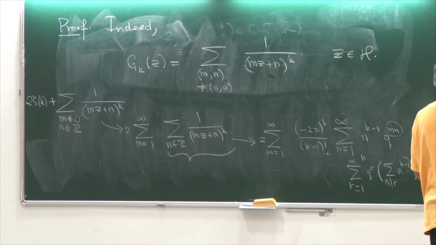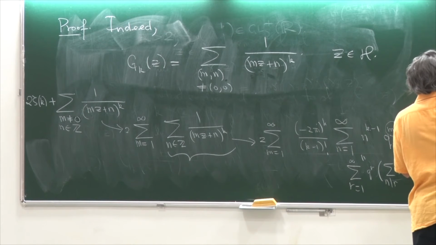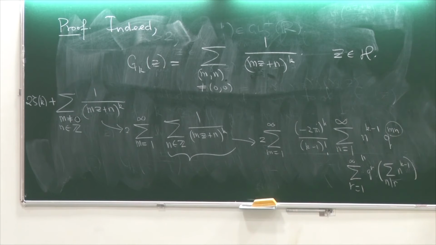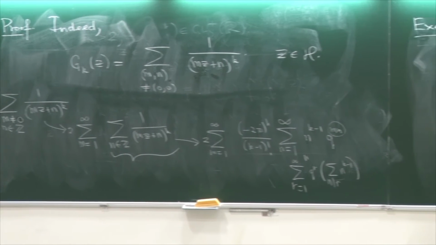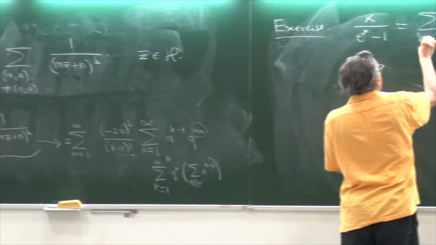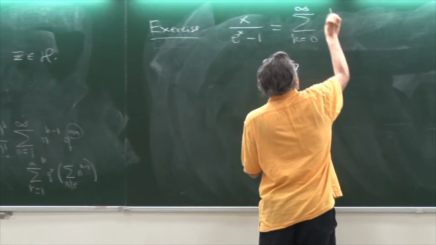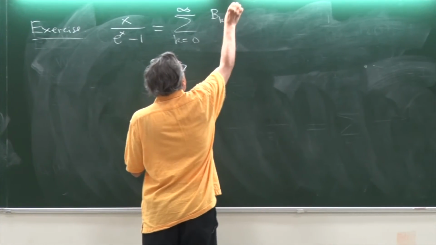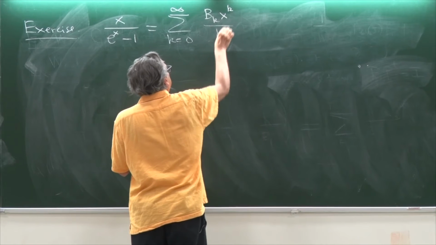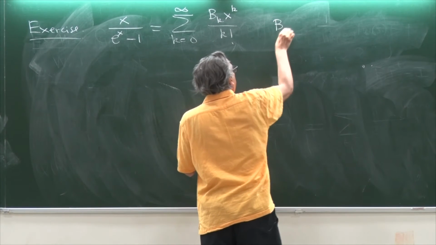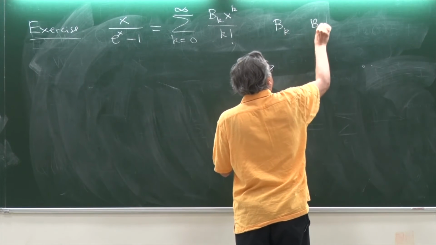So I'm going to leave this as an exercise. x over (e to the x minus 1) is the generating function for the Bernoulli numbers. So these b sub k's are called Bernoulli numbers.